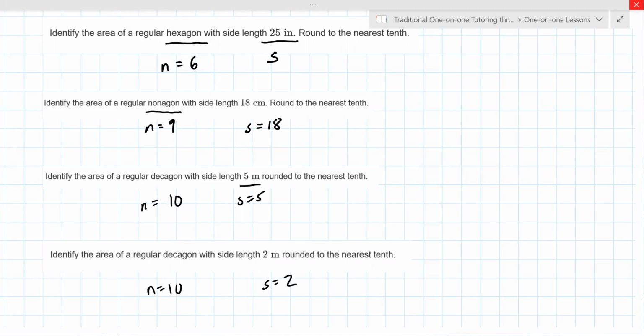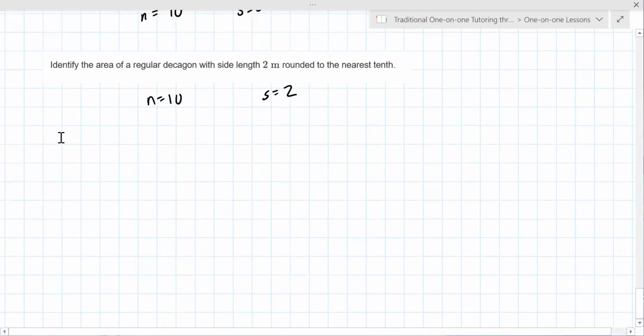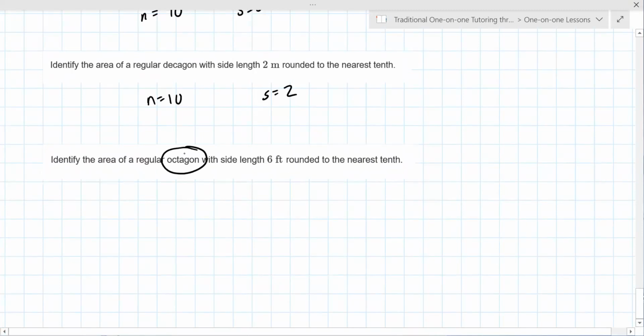Octagons are stop signs. How many sides does a stop sign have? Hexagon is 6. Octagon is 8. And S equals 6. So give that a calculation for us, please. 173.8. Perfect.